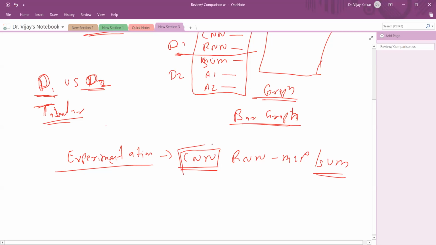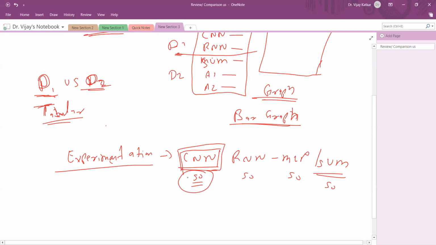And why and how are you establishing that? You are establishing it with the help of your experimental results: I did 50 experiments with CNN, 50 experiments with RNN, 50 with multi-layer perceptron, 50 with support vector machine. And now we know the accuracy of CNN is better.